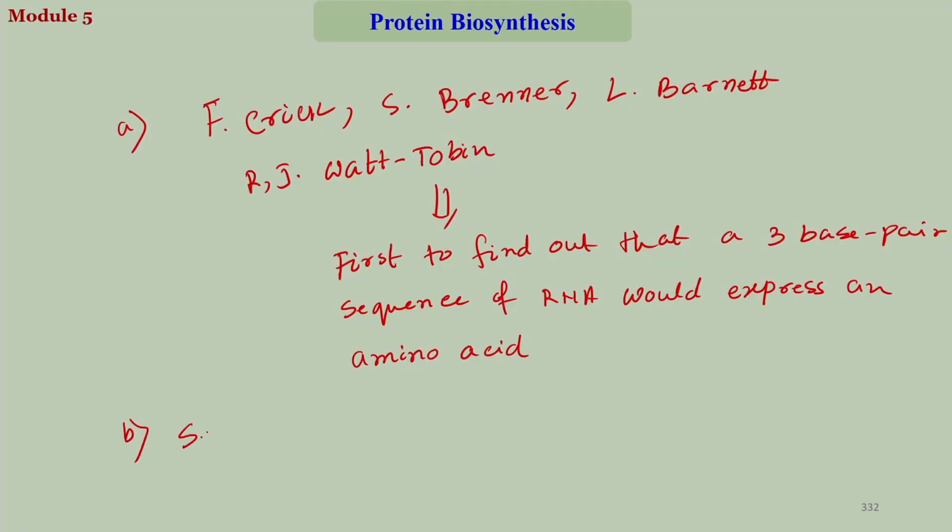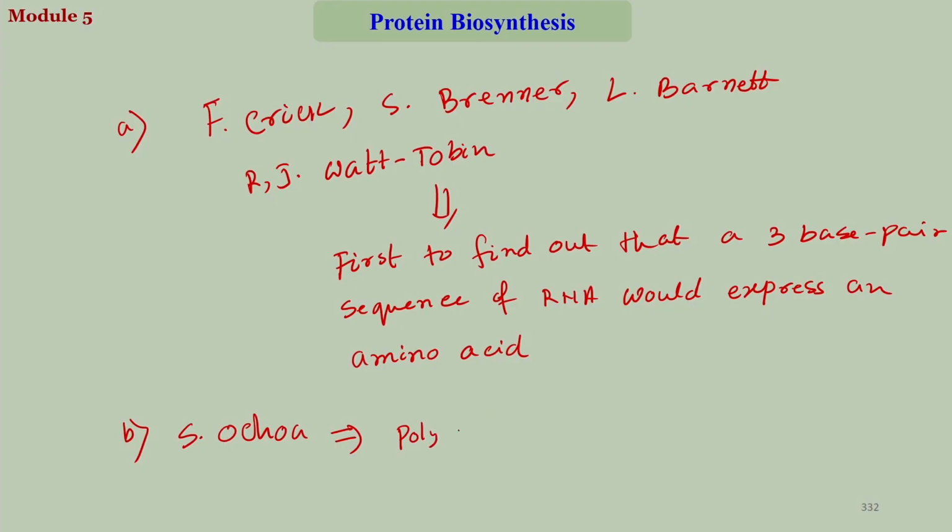The second was by S. Ochoa, who found out, in a kind of similar experiment, that if you have a polyadenine sequence of RNA, which means basically 5 prime to 3 prime A A A and so on.